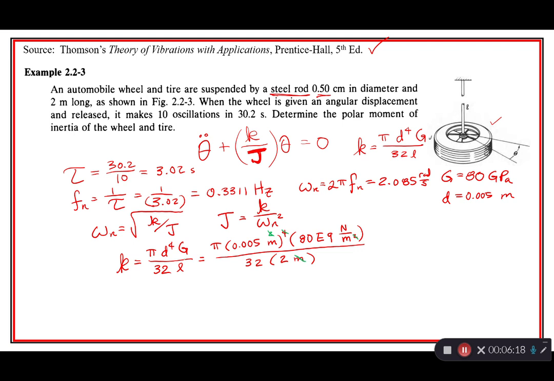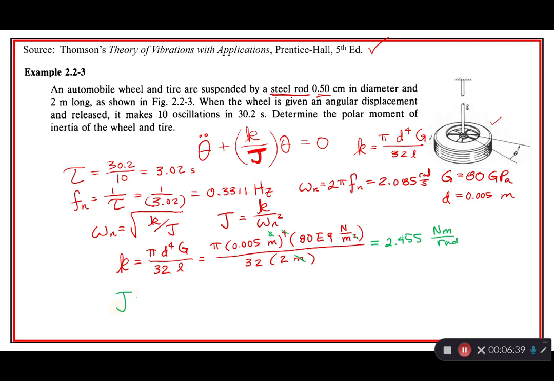So we get a newton meter, and for this type of operation, a newton meter per radian. We wouldn't expect to see any radians as part of that. So we work through the numbers and we get 2.455 newton meters per radian. Great. Now let's find J.